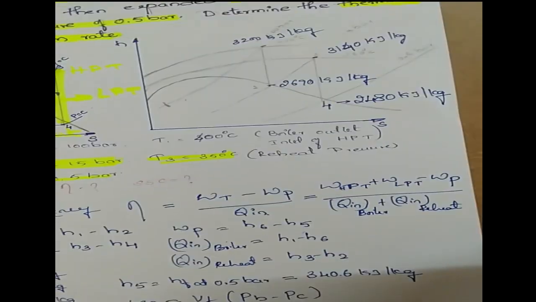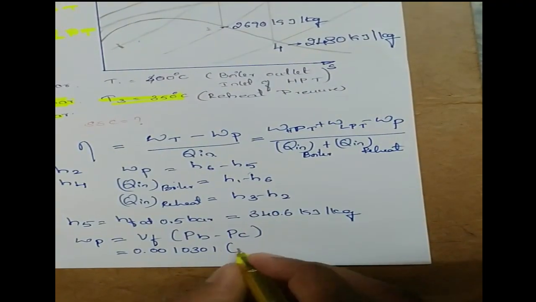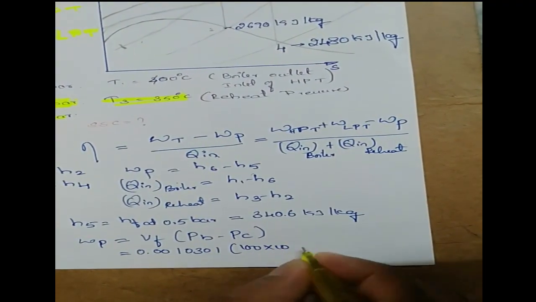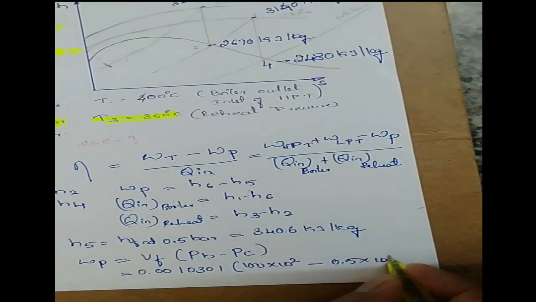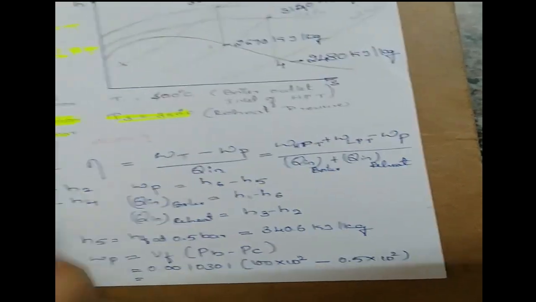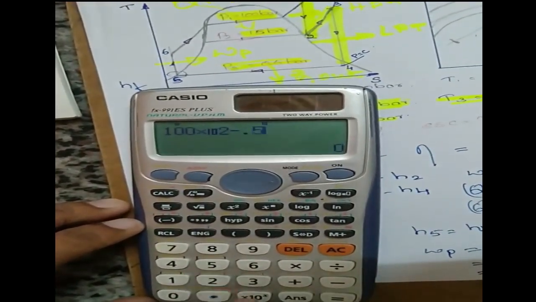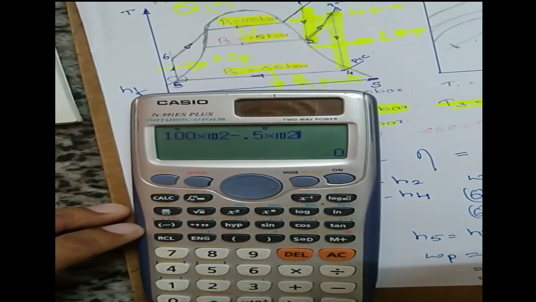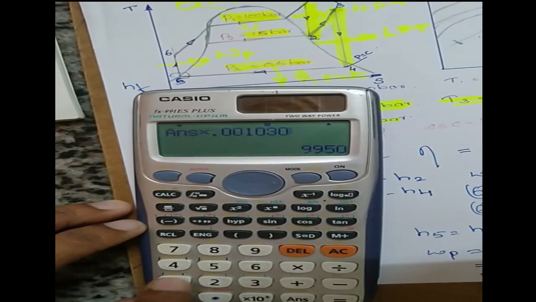100 bar means you have to convert that into kilopascal. So 100 into 10 to the power of 2, minus the condenser pressure, which is 0.5 bar, so minus 0.5 into 10 to the power of 2, into 0.0010301.